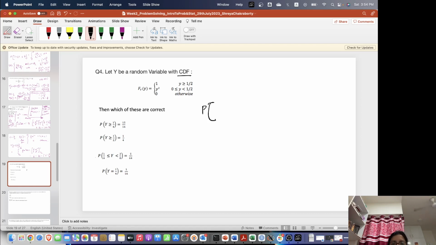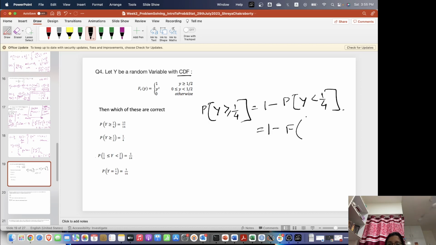So probability y greater than or equal to 1/4 means 1 minus probability y less than 1/4. Do you agree with me? Now this one will mean 1 minus F of 1/4.